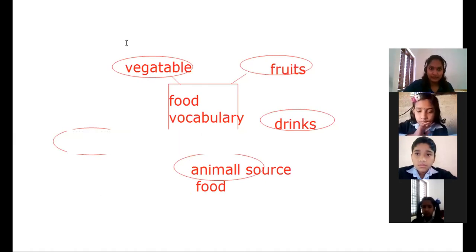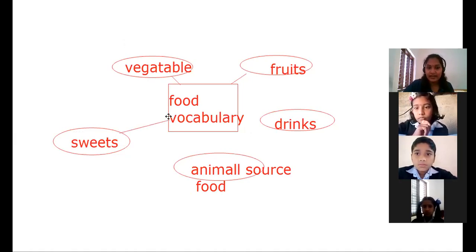Okay. Sweets also is something we can find in food vocabulary, and drinks are related to food vocabulary. Animal source food is again related to food vocabulary. Clear?